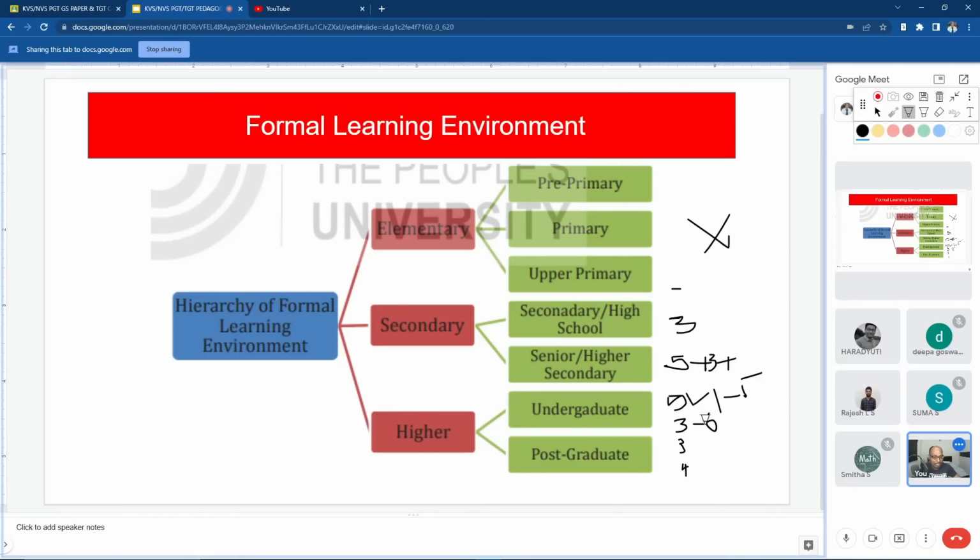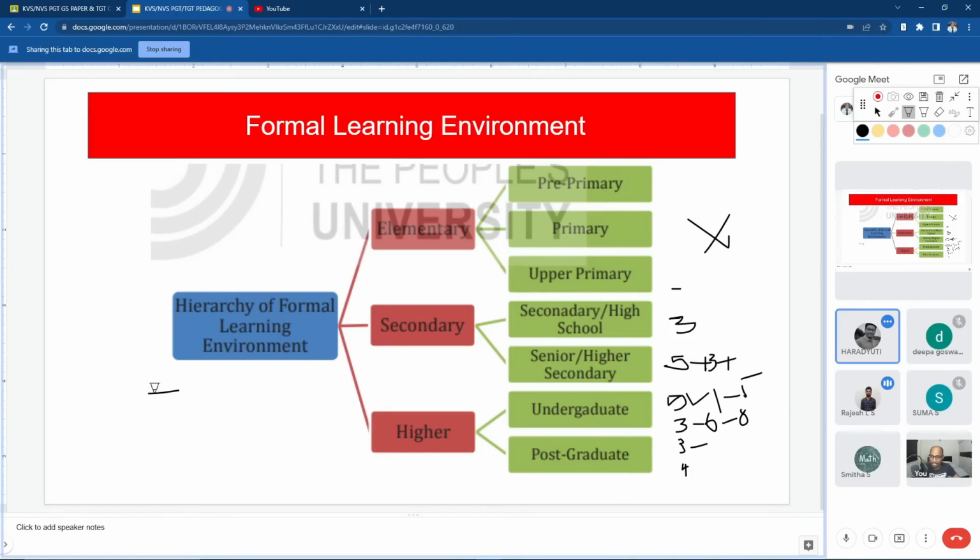Then this is 6 to 8. And what about the first one? Anganwadi 3 years, and then 1, 2, the foundation, and then 3, 4, 5. Foundation stage, pre-primary stage.